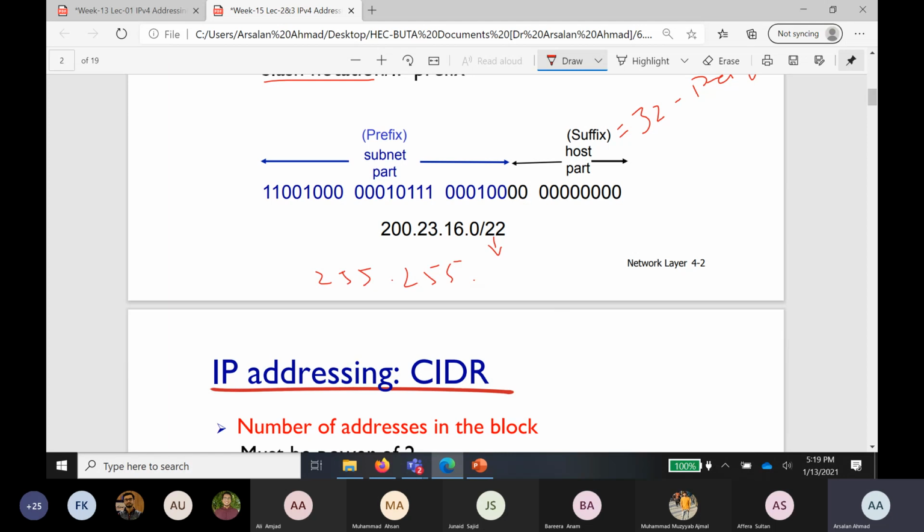In the third octet we have 6 ones and then 2 zeros. So 16 ones up until now, then 6 more ones and 2 zeros in the third octet, which means the mask will be 255.255.252.0. So this will be the mask in this case.